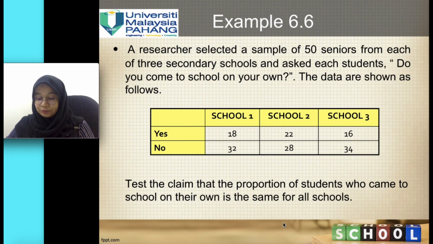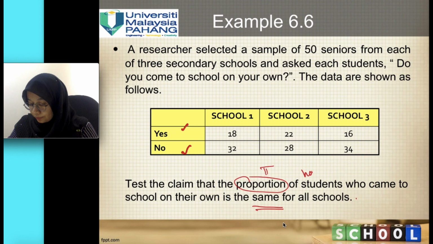There are 2 categories here, yes or no, and you have school 1, school 2 and school 3. Test the claim that the proportion pi of students who come to school on their own is the same for all the schools.